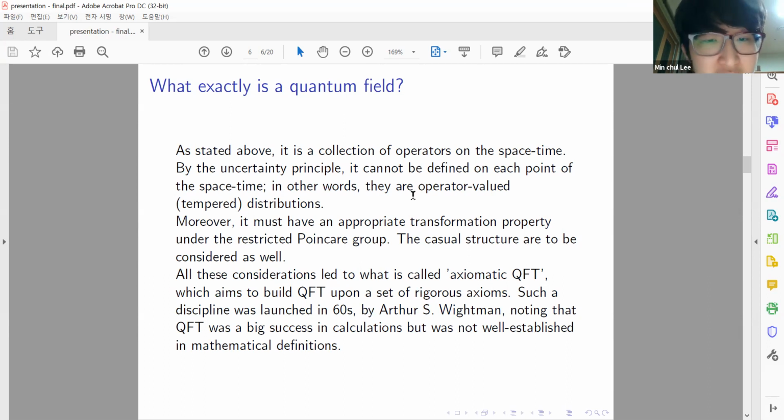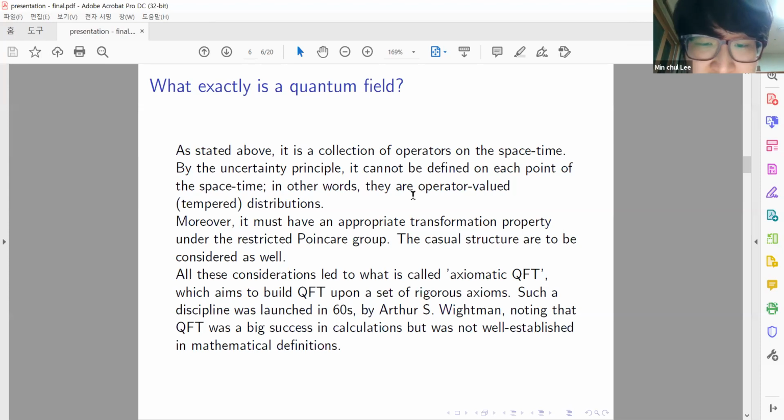So in other words, a quantum field is an operator-valued tempered distribution. Moreover, it must have an appropriate transformation property under the restricted Poincare group. The causal structure is to be considered as well.